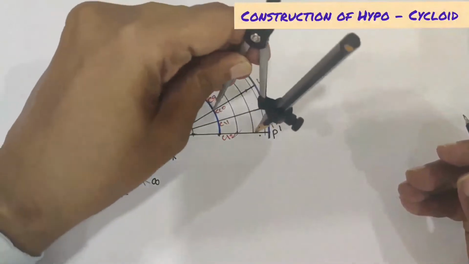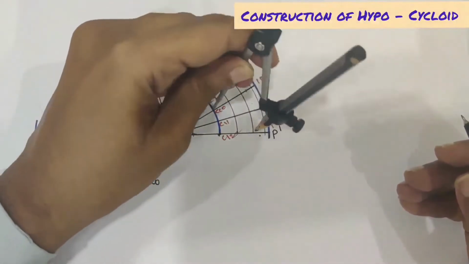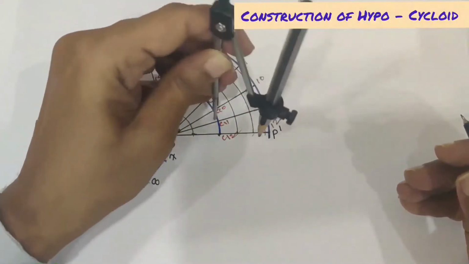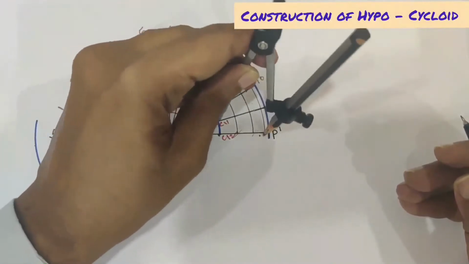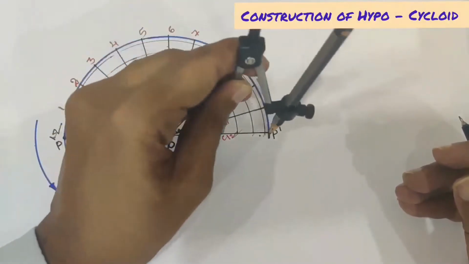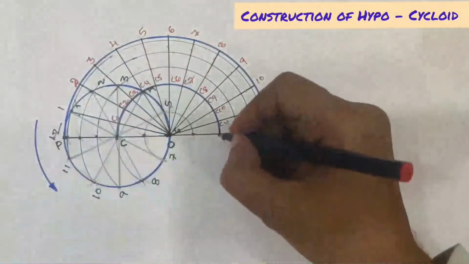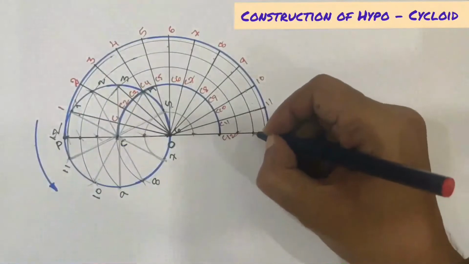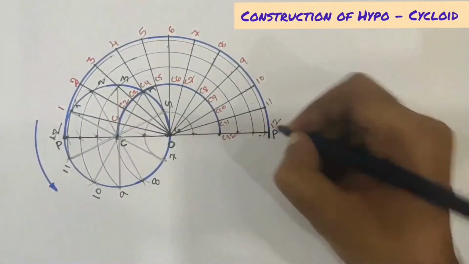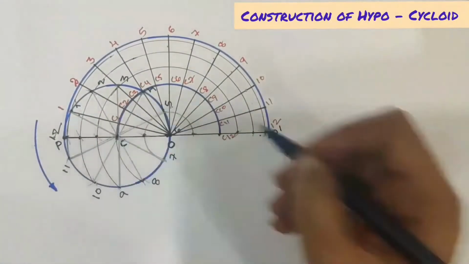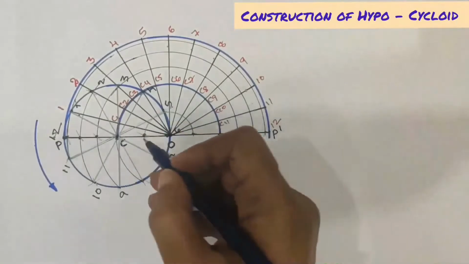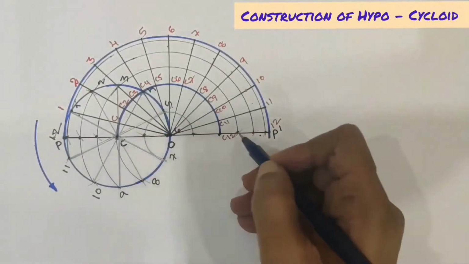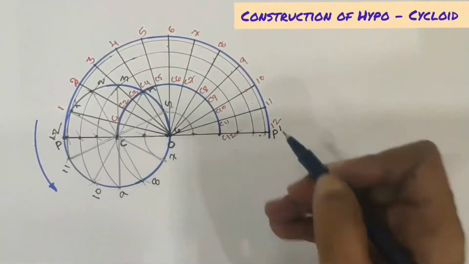C10 as a center. Repeat the procedure. C11 as a center. Repeat the procedure. C12 as a center. Repeat the procedure. So finally we are getting points like this. This is P1, P2, P3, P4, P5, P6, P7, P8, P9, P10, P11, P12.